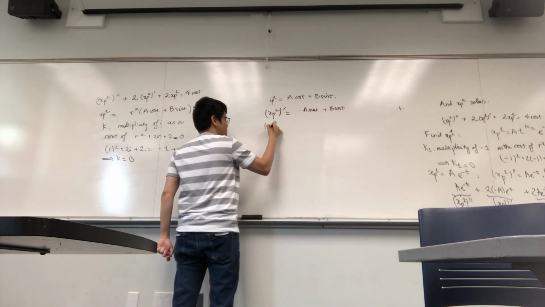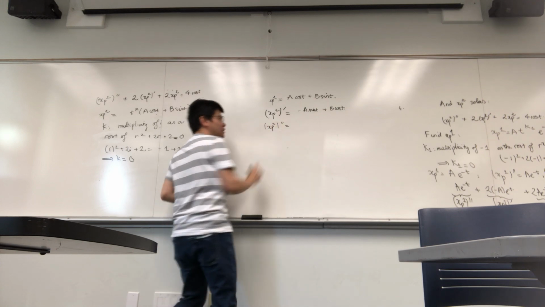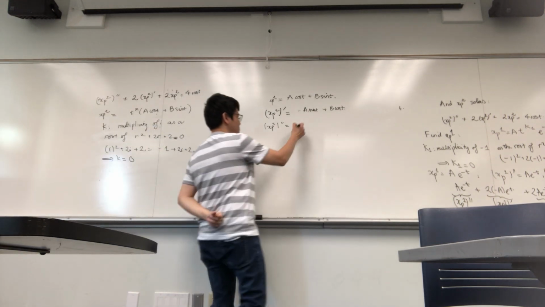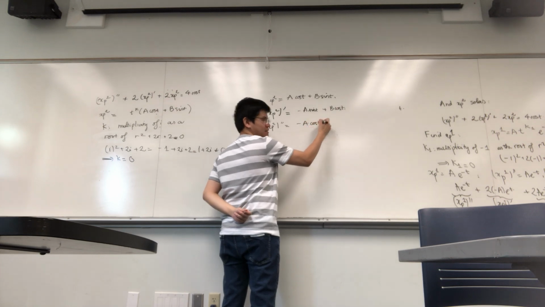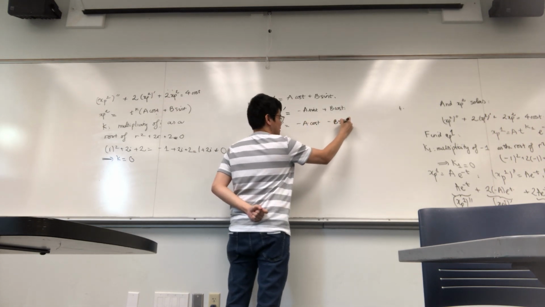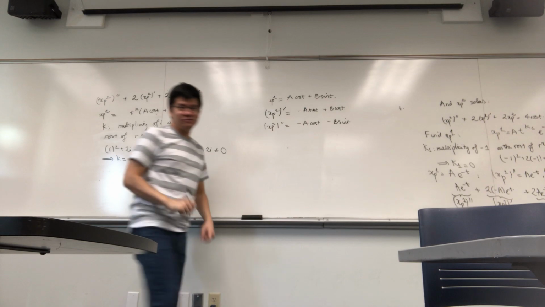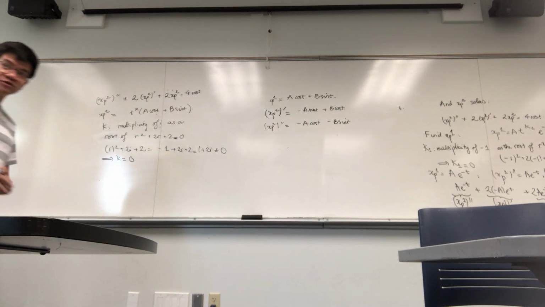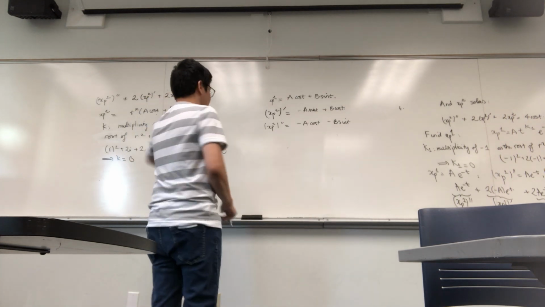And the second, what is the value of the second? It would be negative a cosine t minus b sine t. The derivative of cosinus is minus sinus, and the derivative of sinus is cosinus. Right, so now I have everything.